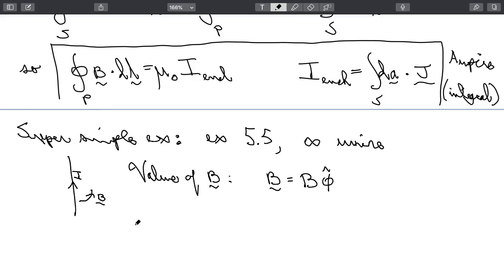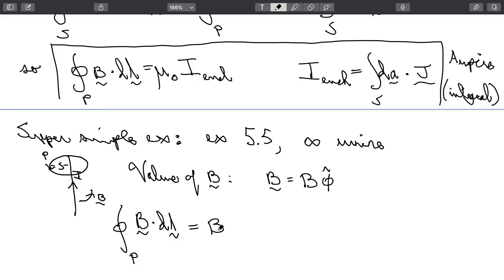The integral of B dot dl over the path P. My path P is just a circle at a certain radius, call it S, like this.